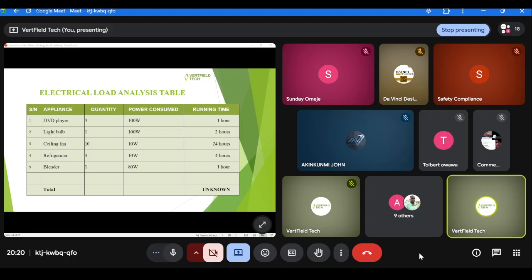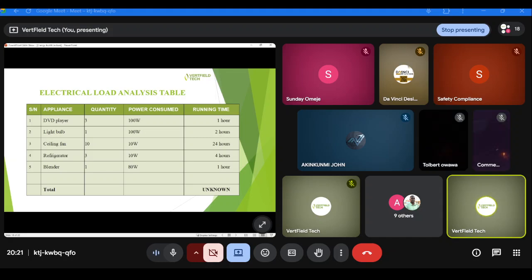Now you are going to be using that information to get the energy consumed by each of these appliances, sum it up, that is add it up, to give you the total energy consumption. I hope that is very clear.